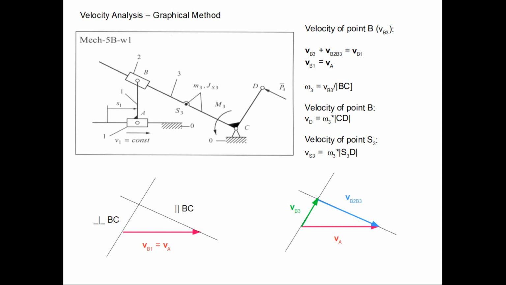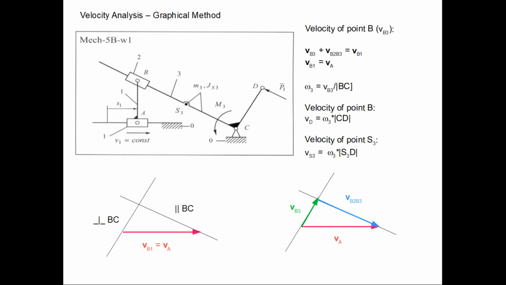The velocity of point B with respect to the fixed frame is equal to VA, which is known because this is our data, but this velocity is also a sum of two velocities, VB3, which comes from the rotation of rod 3, plus VB2B3, which is a relative velocity of the slider with respect to rod 3. Therefore we can write this equation.